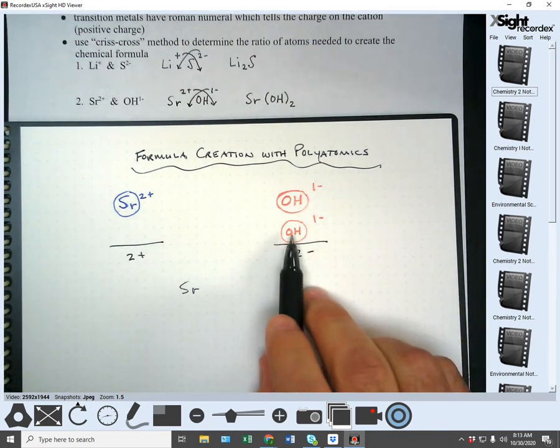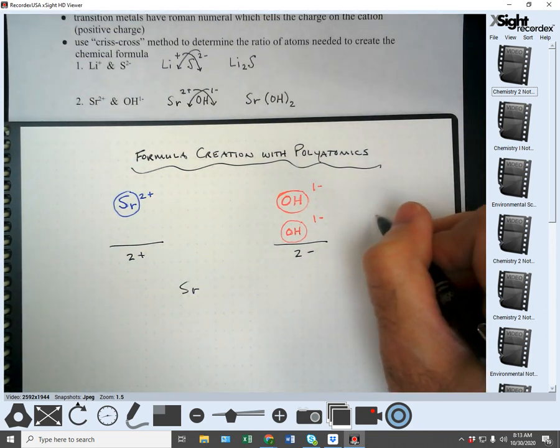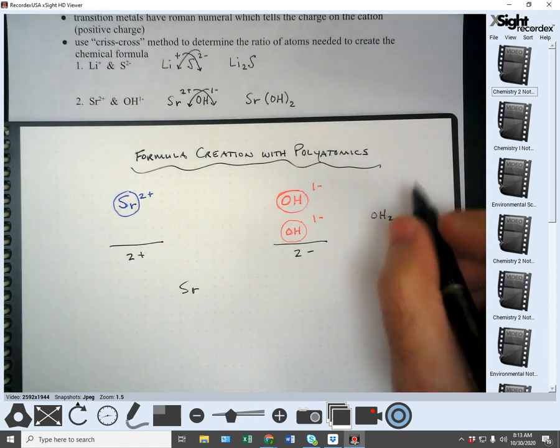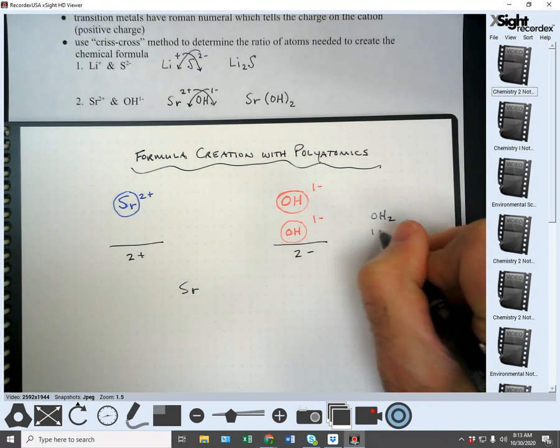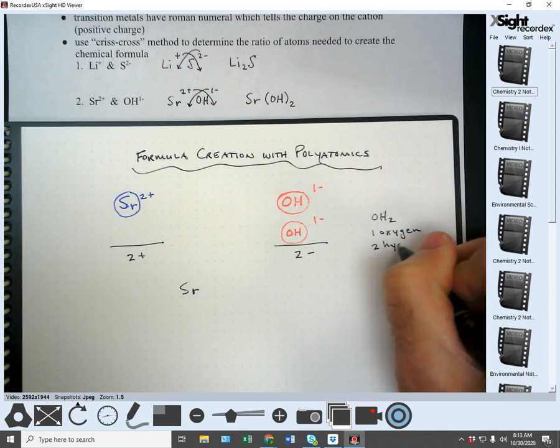Okay, but look here, if you wrote it like this, it means you have 1 oxygen atom and 2 hydrogen.